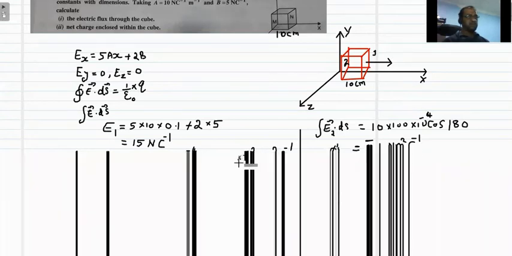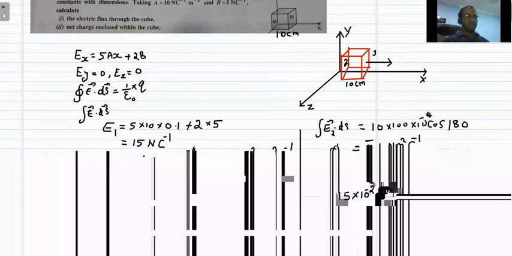It is 15 into 10 raised to minus 2. Plus phi2 is minus 0.1.